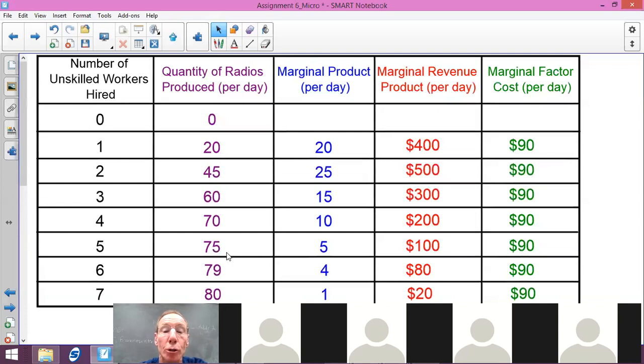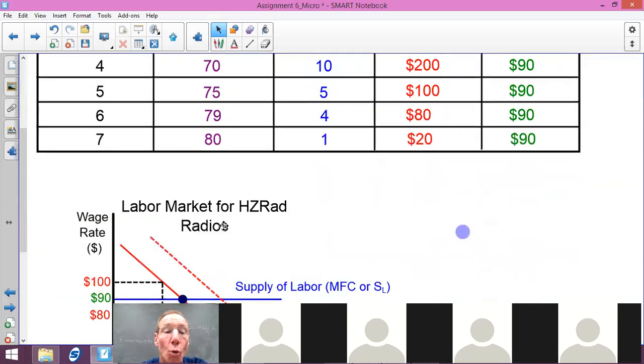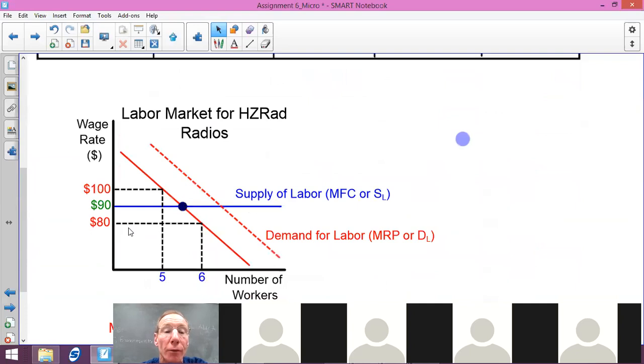And they're not going to produce 79 because that would mean hiring a 6th worker, which has a marginal product of 80, which is less than the wage rate. So they're only going to hire up to this point right here, okay? Which is theoretically 5.5 workers, which is kind of weird, but that's what it is, okay?